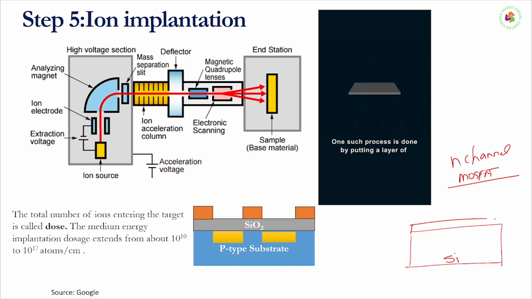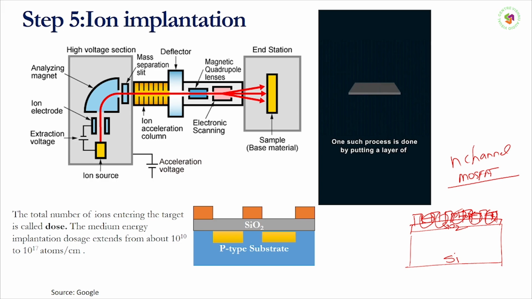Then you have grown silicon dioxide. Then you have deposited photoresist. By using photolithography, you have removed specific portions, and these portions are very important for the fabrication of your transistor.